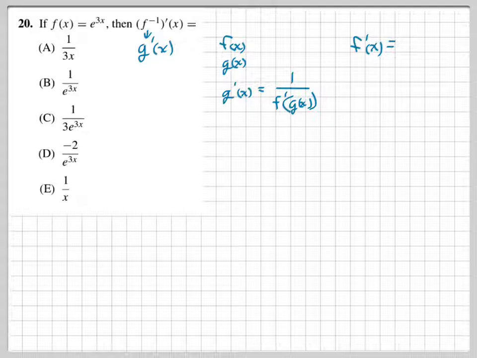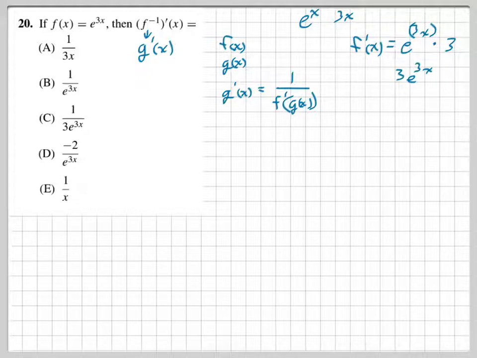The outside function is e to the x, and the inside function is 3x. The derivative of the outside function is just e to the x, so we get e to the 3x. Then we multiply this by the derivative of the inside function, and the derivative of 3x is just 3. So our answer is 3 e to the 3x.